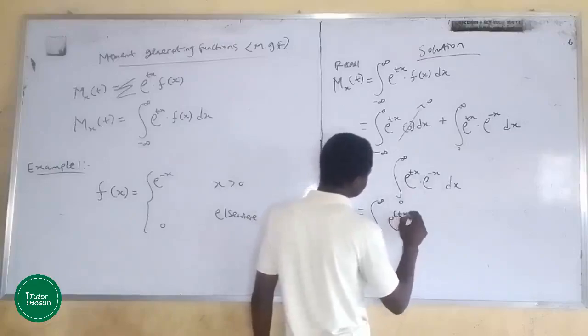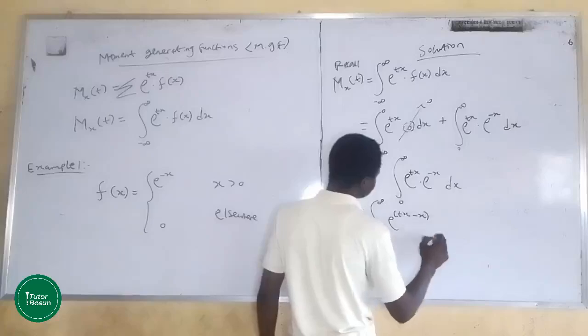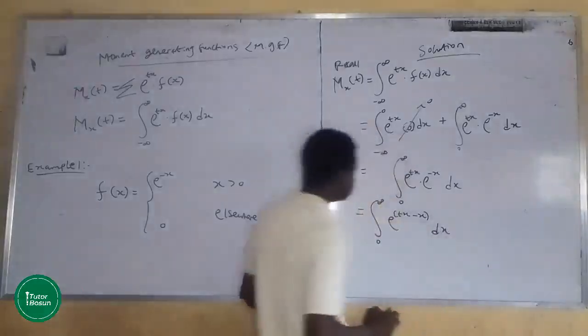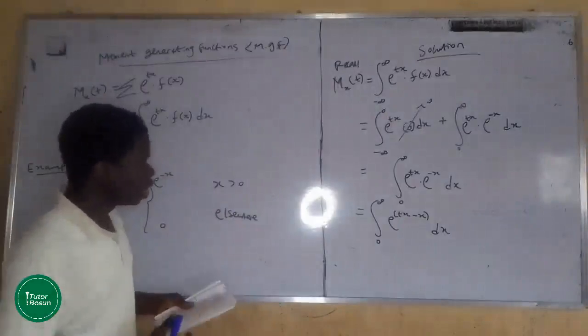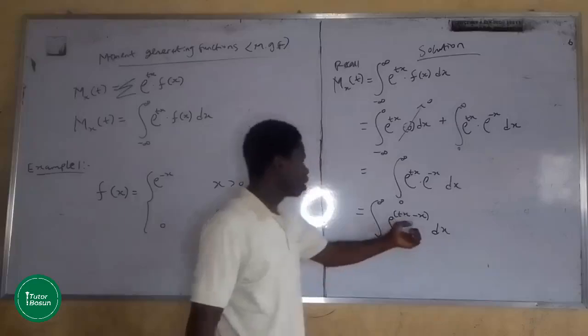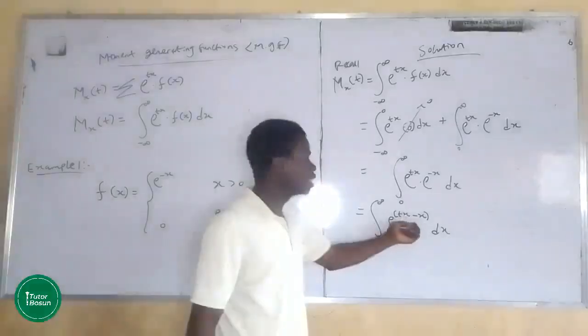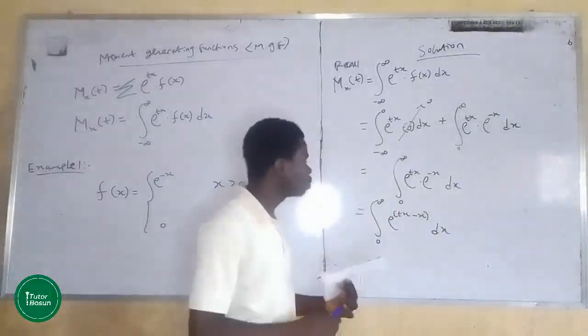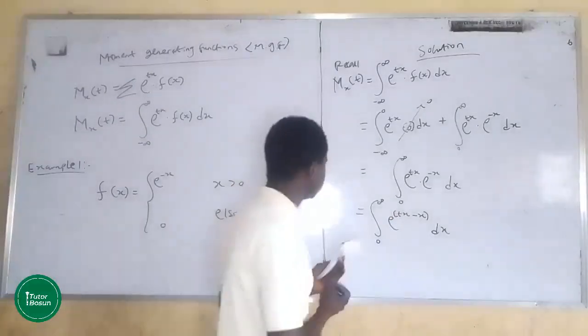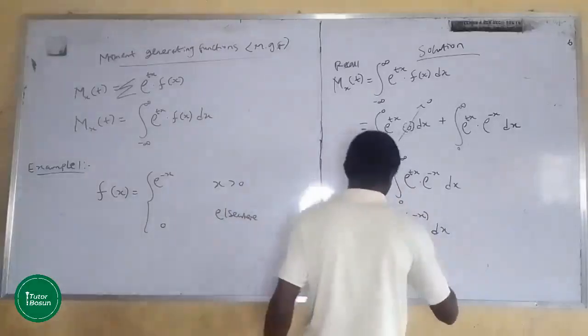Of exponential tx minus x dx. As you can see, x is common between the two, so we can decide to bring out x.